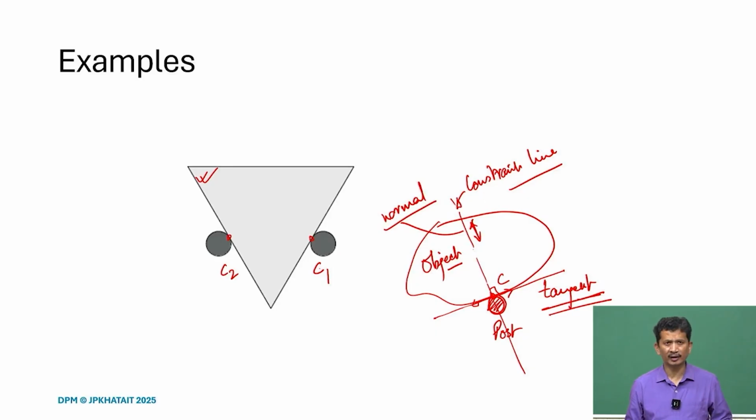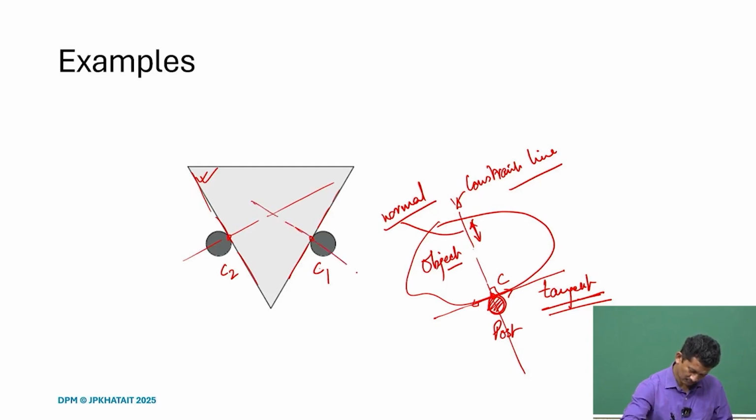If we go by this analogy, in this example these are the tangent lines and we construct the perpendicular lines. So, these are the normals and therefore, these are the constraints.